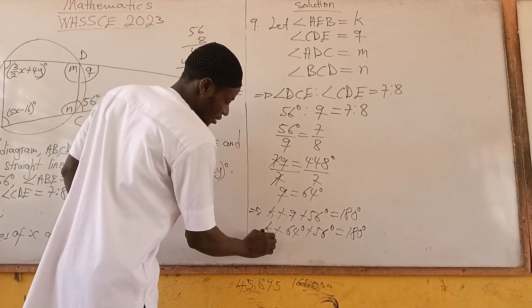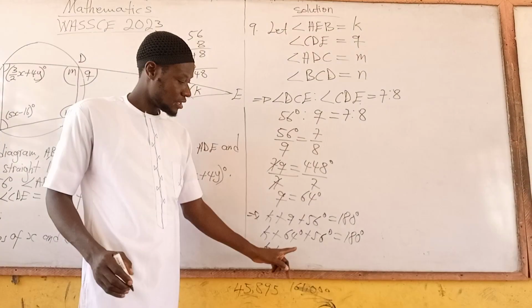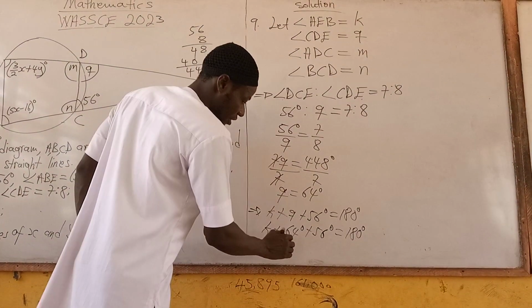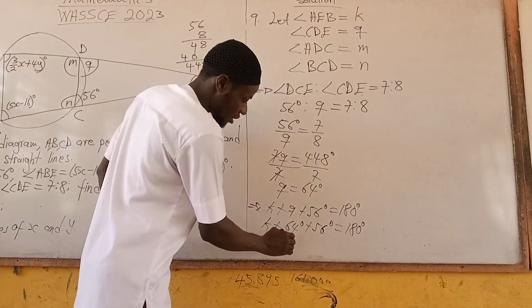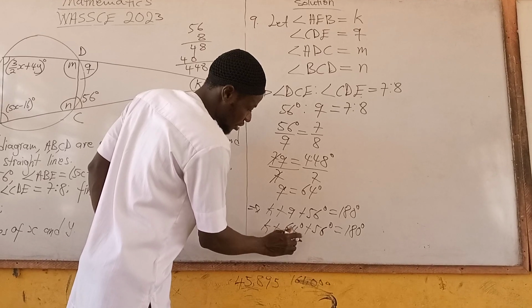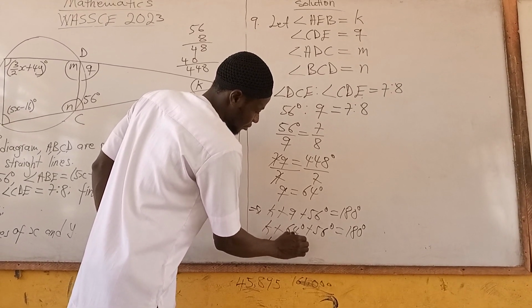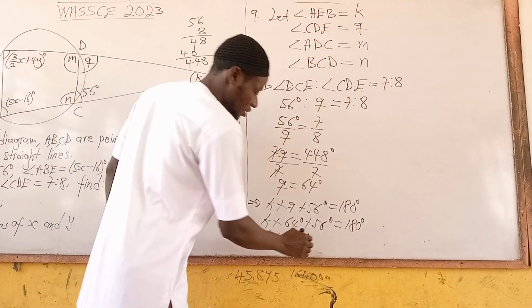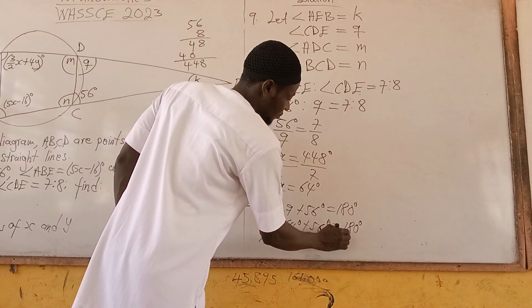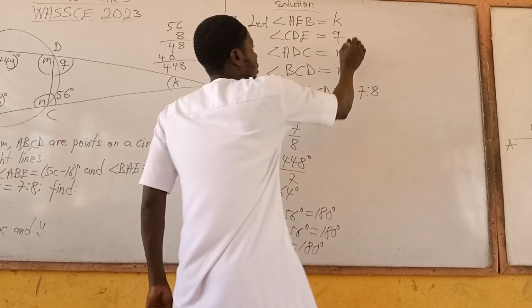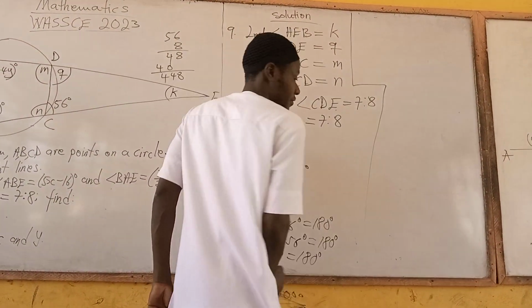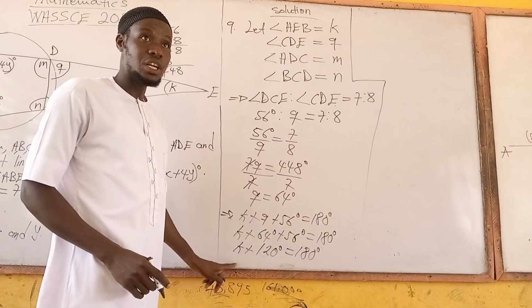This plus that gives 120 degrees. So we simplify further by grouping like terms.